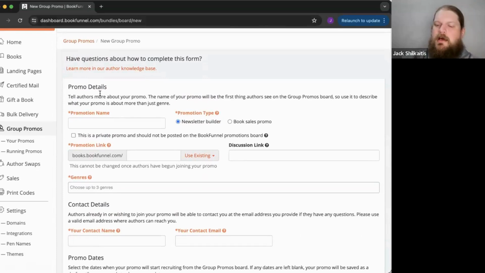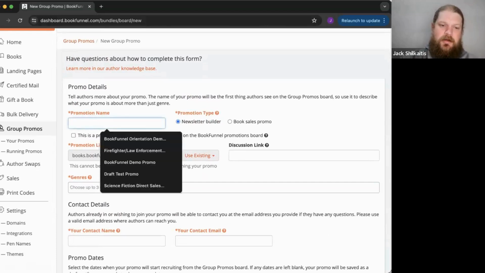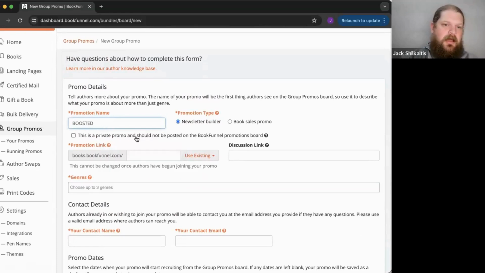However, a couple things that you can do. People are going to be searching for posts like this, so I would put in boosted as maybe the first word in your promo name. Or maybe you can say, promo name with Facebook ad, something like that.